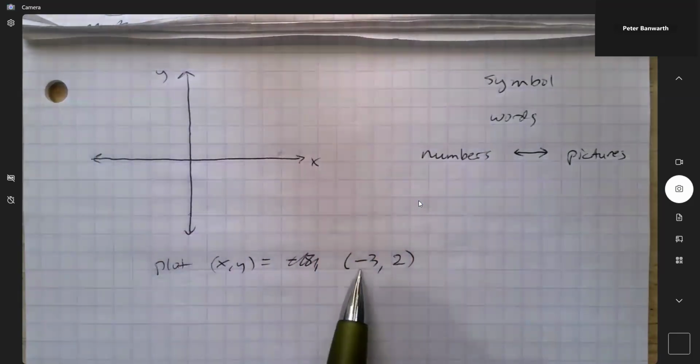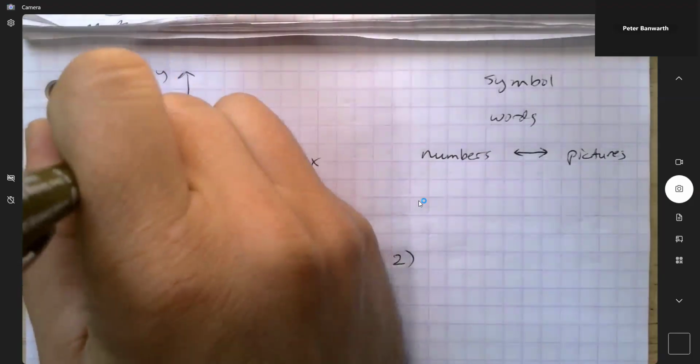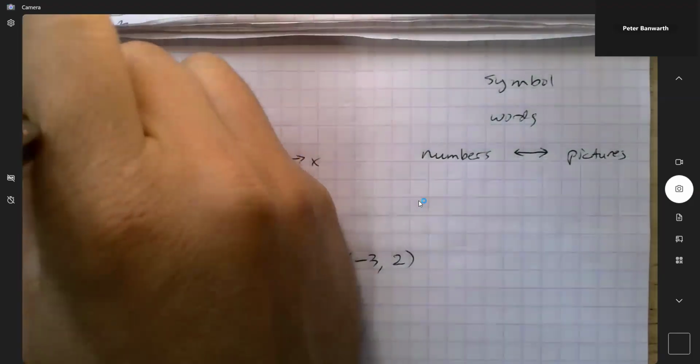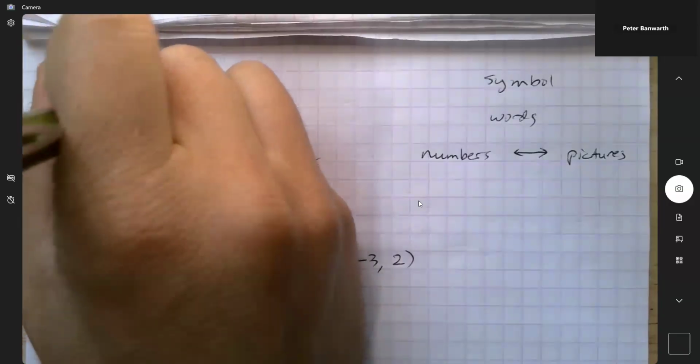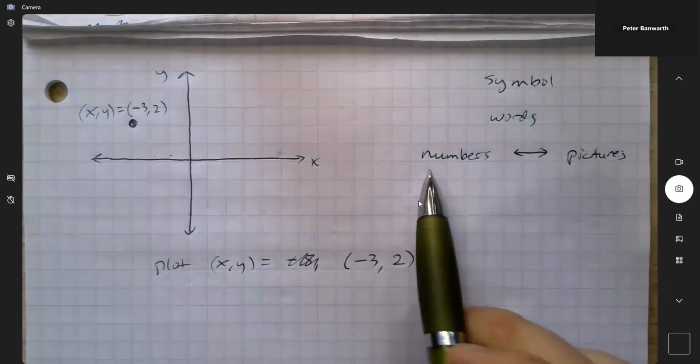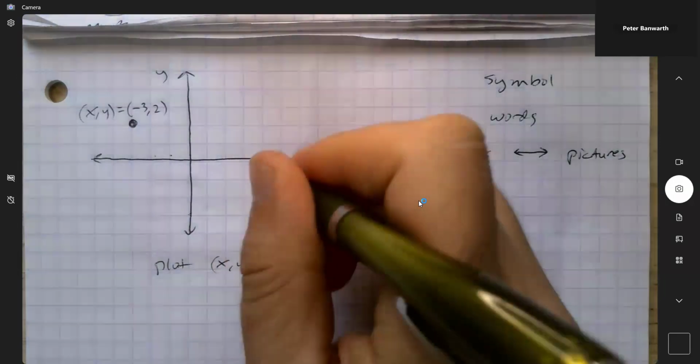All right, so there's a numerical representation that x equals -3 and y equals 2. And so I want to be able to plot that on my graph. XY equals -3, 2. That's moving from numbers to the pictures, and I want to be able to move back.